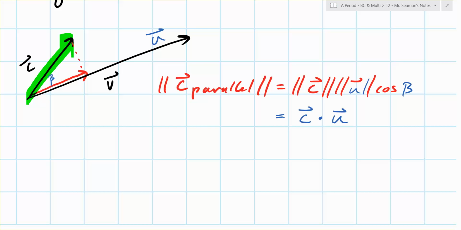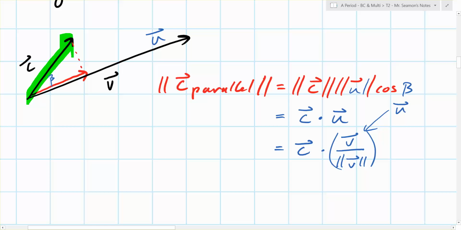They started you on that by doing part A. You have to turn V into a unit vector, so you divide V by the magnitude of V. Because this right here is U, the unit vector in the V direction, so you divide V by its magnitude, which they asked you to do in part A.